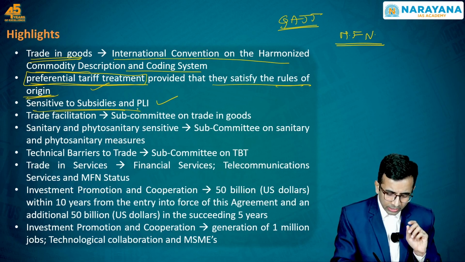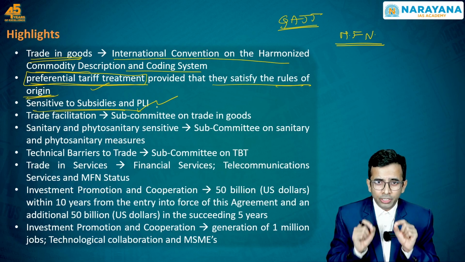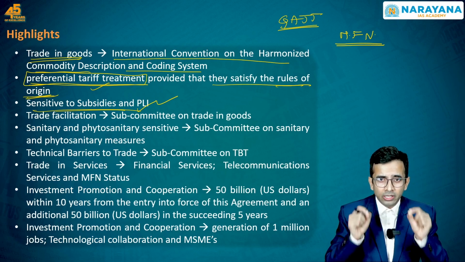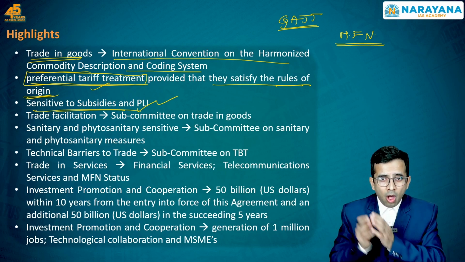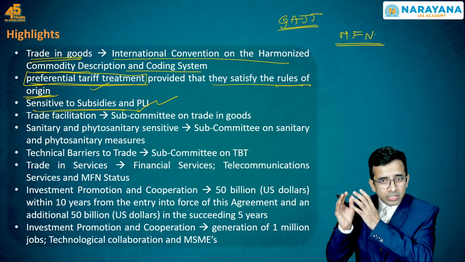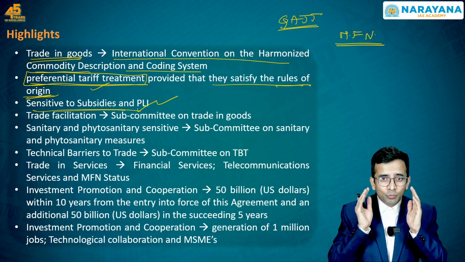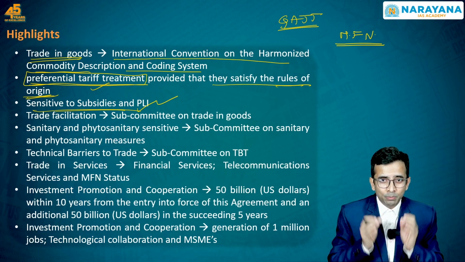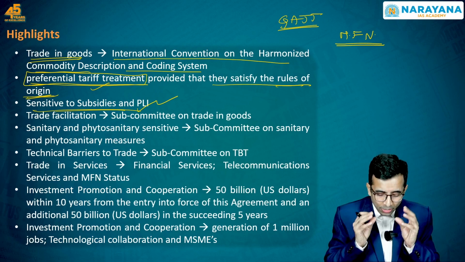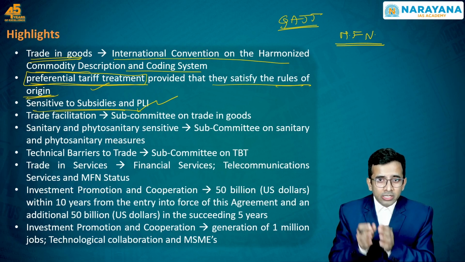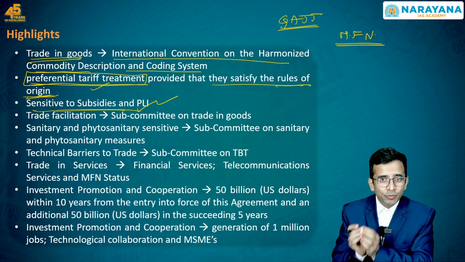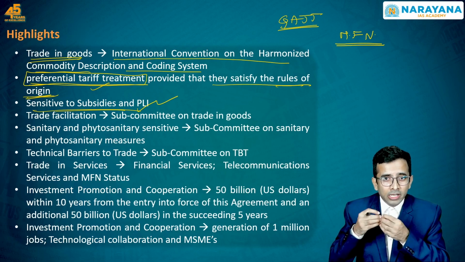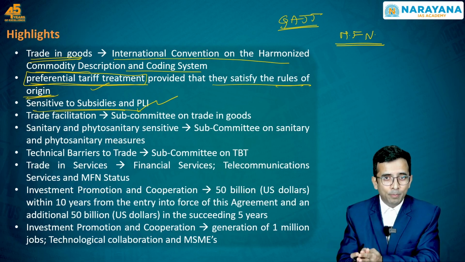Number two, as he clearly said, this is also sensitive to the production linked incentive scheme, which provides certain incentives to all those firms and sectors which are part of the 14 sectors to which this PLI scheme is applicable. By this it means that it is not subjected to the definition of subsidies which provide preferential treatment to some of the domestic companies.